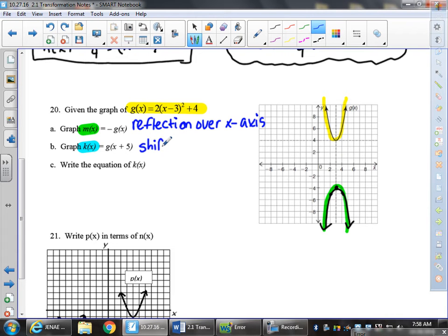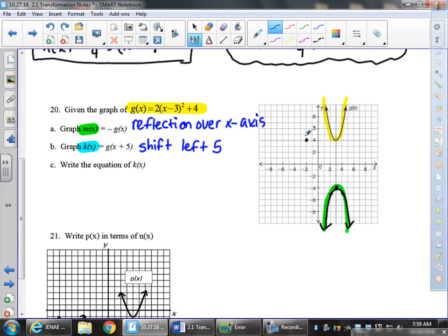Where? Left 5. So we're going to take our vertex where we're starting and go left. 1, 2, 3, 4, 5.